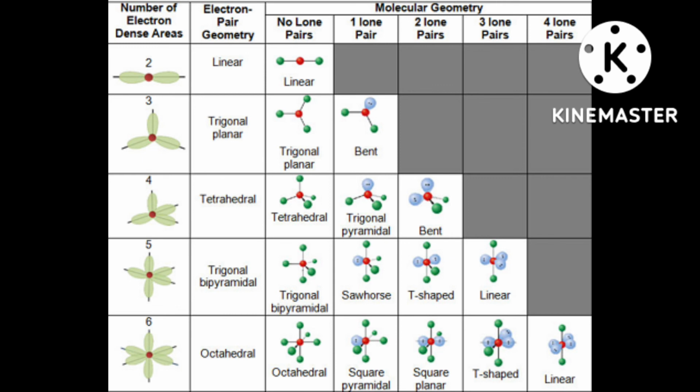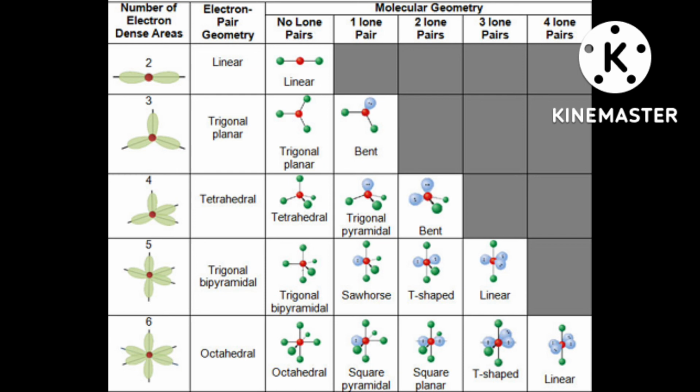Linear, trigonal planar, tetrahedral. AB2 is a straight line at 180 degrees, which means linear. Trigonal planar is when the angle is 120 degrees everywhere, 120, 120, 120. If 109.5 degrees is there, then it is called tetrahedral. And if it is AB5, then it is called trigonal bipyramidal.